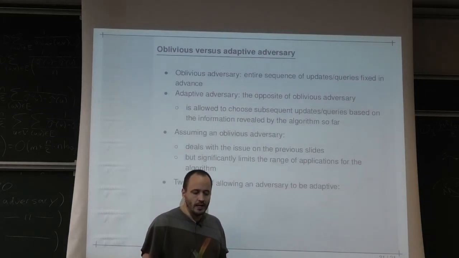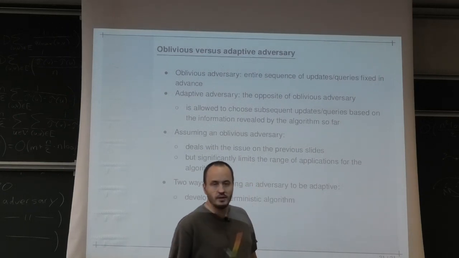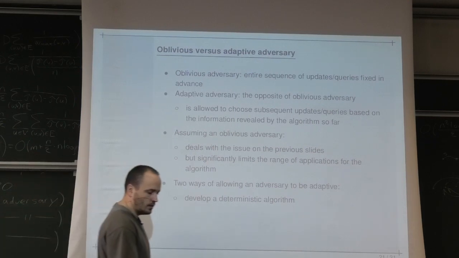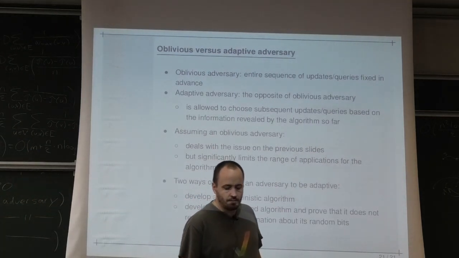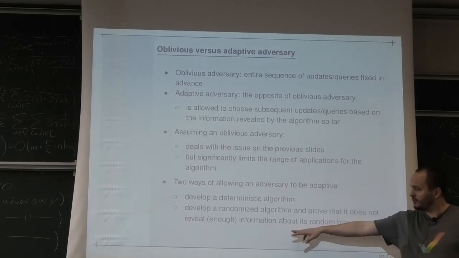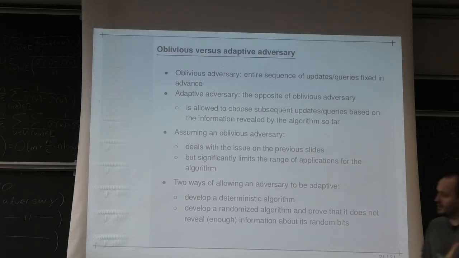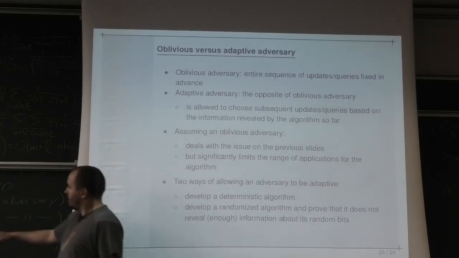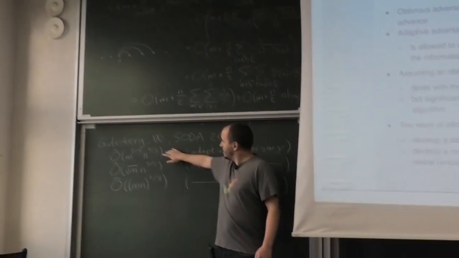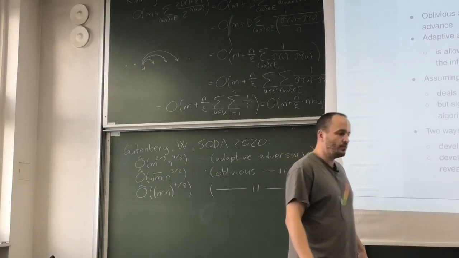So there are two ways to allow an adversary to be adaptive. Either you develop a deterministic algorithm, then there are no random bits, or you develop a randomized algorithm and then you somehow prove that it doesn't reveal enough information about the random bits. And for this result against an adaptive adversary, we are actually not hiding the random bits completely from the user.